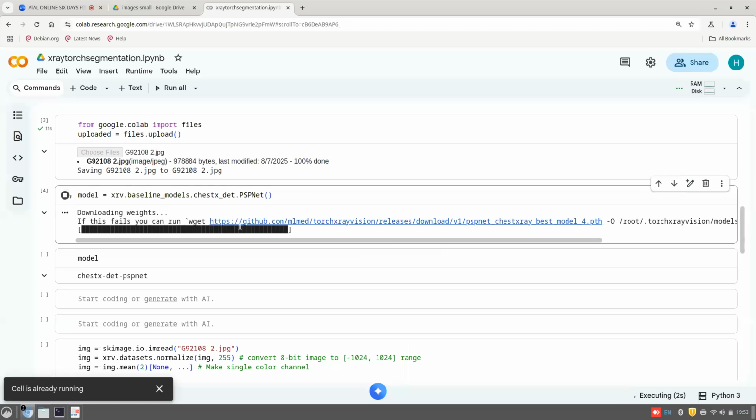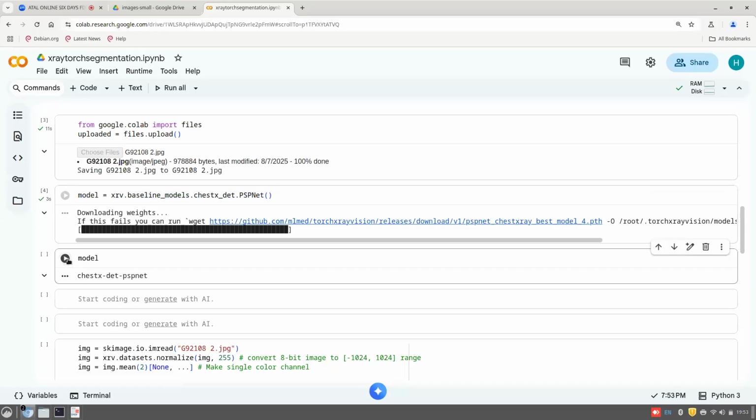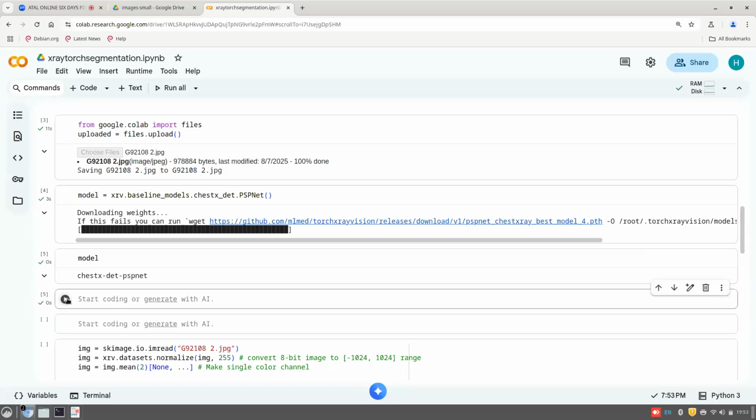I am downloading the weights of this PSPNet architecture for which error was minimum, which are called pre-trained weights. I'm loading the model and supplying this input image.